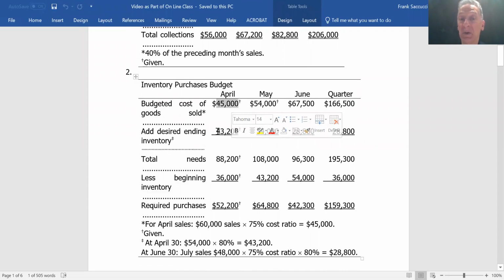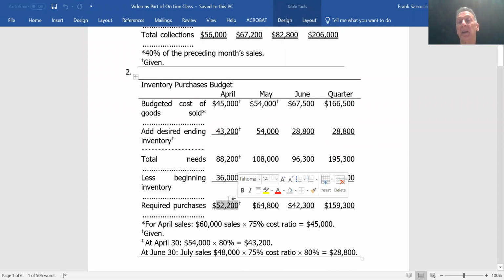The ending inventory, what amount will stay? The two is what you need, less what you're going to begin with is what you're going to need to purchase from your vendors. So this is taking a look as if I was buying finished goods and reselling a finished good. If I was the manufacturer here, it'd be a little bit different, but we're focusing in on the reseller of a finished good right now.